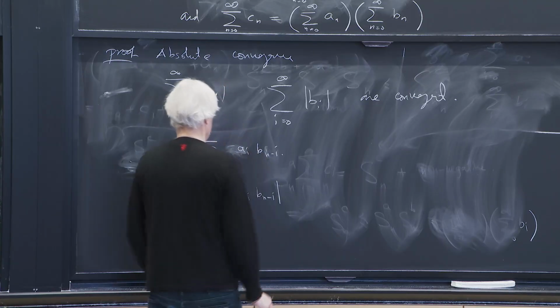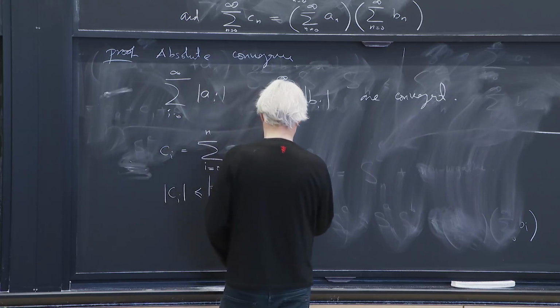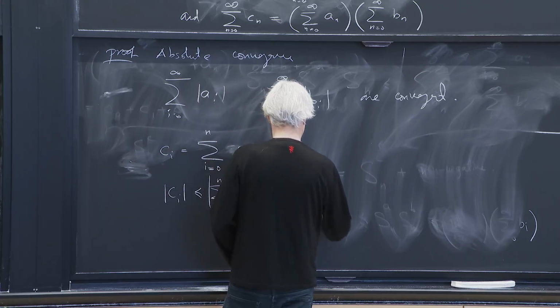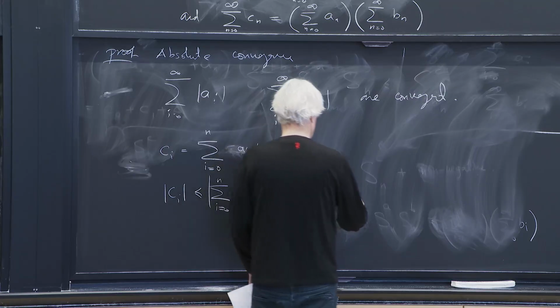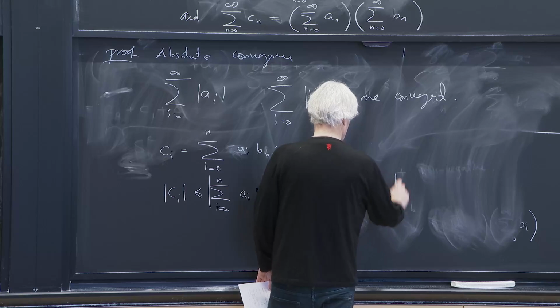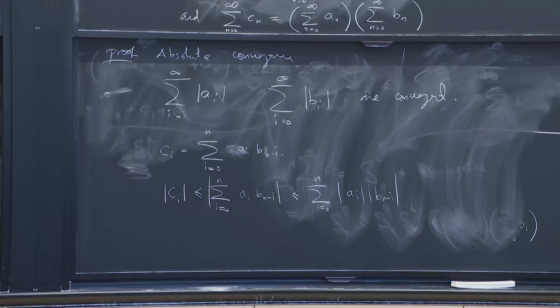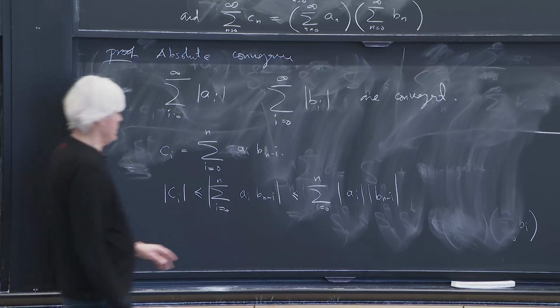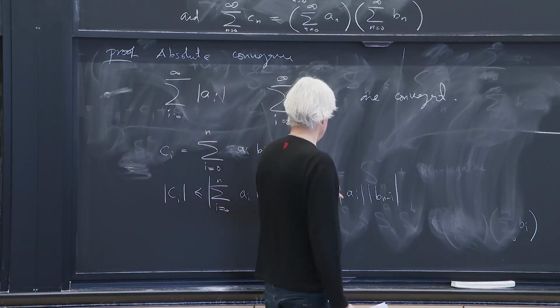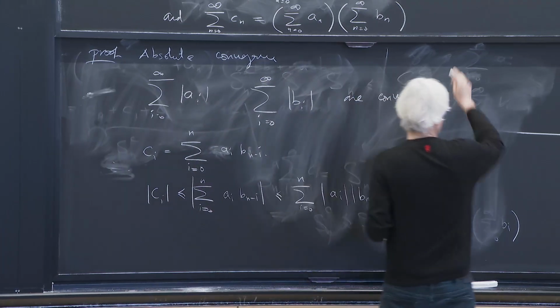You can take the absolute value sign in under the summation sign. So this is less than the sum from i equal to 0 to n of the absolute value of ai times b n minus i. But now you see that this here is the corresponding C. So you could now define.